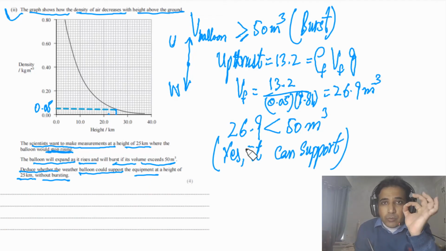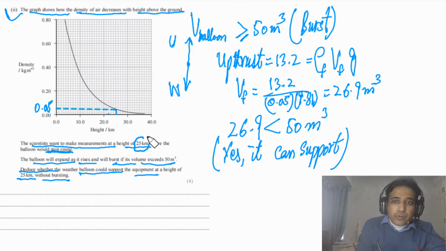And if we consider the volume of equipment, the volume of balloon will be even smaller than this value, so that's the reason the balloon will not burst and it can support the equipment at 25 kilometers.